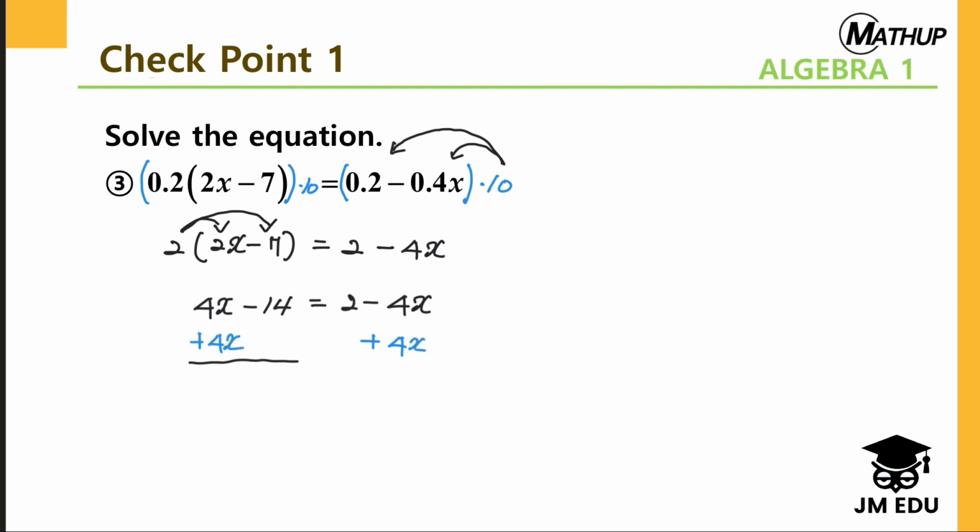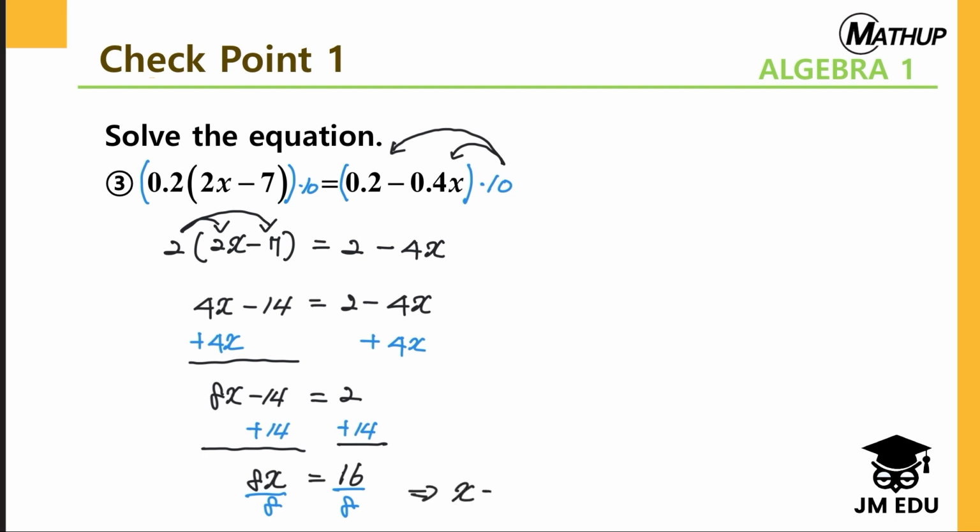So this is going to be 8x minus 14 is equal to 2, right? Now plus 14, plus 14 gives us, on the left-hand side, 8x. Right-hand side, that's 16, right? Now finally, divided by 8 gives us x is equal to 2.